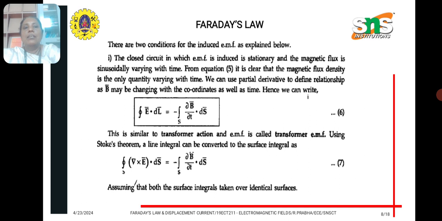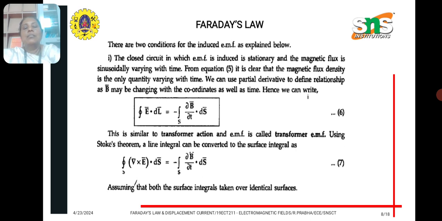So we can write the integral of E dot dl is equal to the integral of minus dou B by dou t dot ds. This is similar to transformer action, and this induced EMF is called transformer EMF.